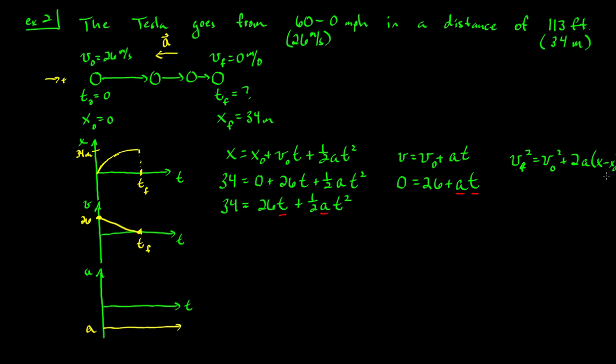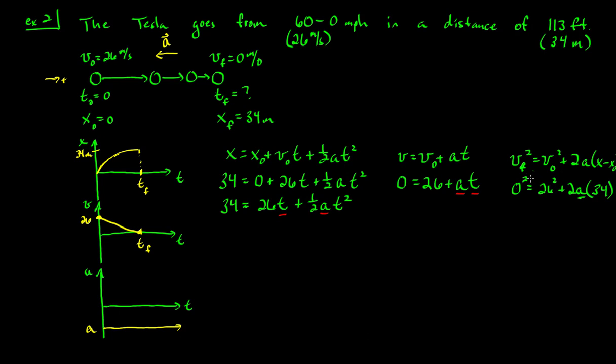Looking at this one, there's no time. I know the final velocity is 0, and the initial velocity is 26, plus 2 times the acceleration, which I don't know. But I do know the change in position, x minus x naught, which is 34 meters. Now I have an equation with one unknown, so I can solve for the acceleration.